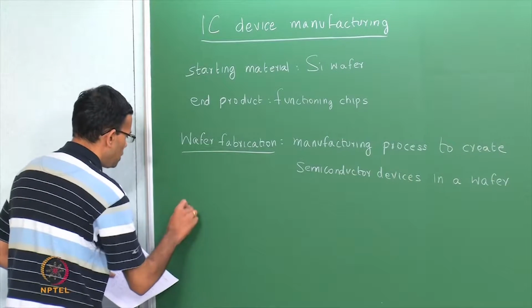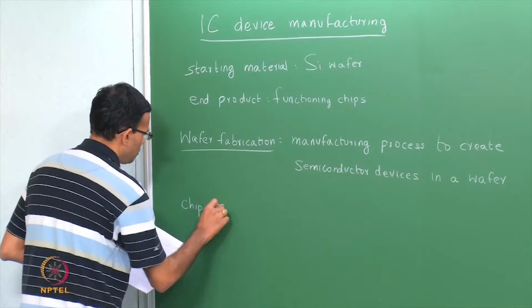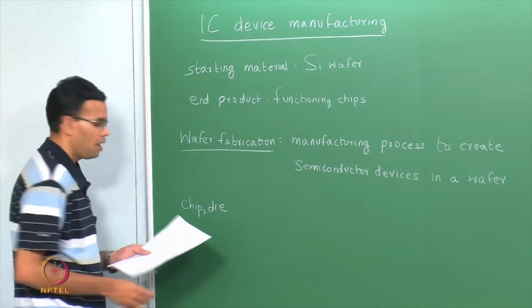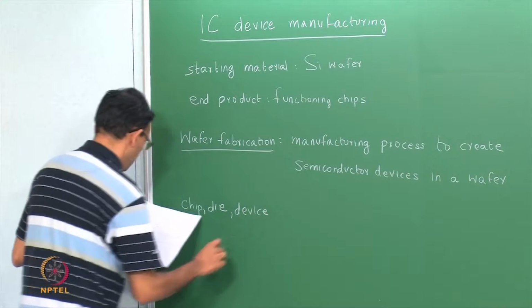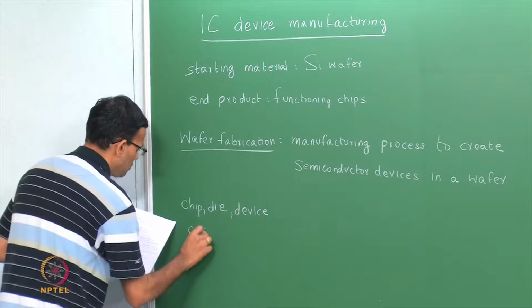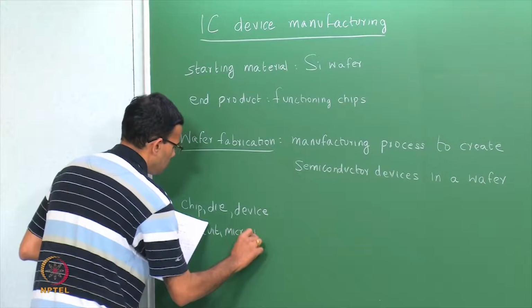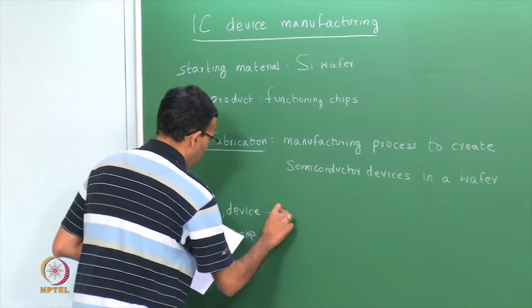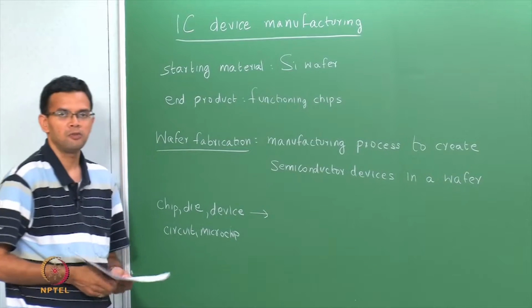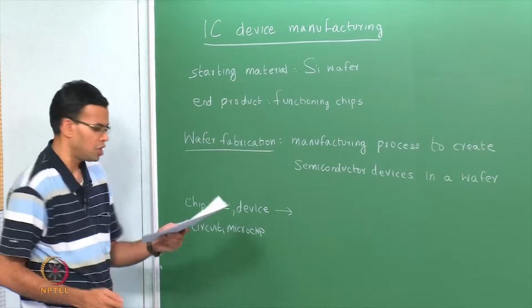The first definition is that of a chip or a die. Other common words that are used are a device, a circuit or a microchip. So, all of these refer to patterns on the wafer surface that form one functioning unit.